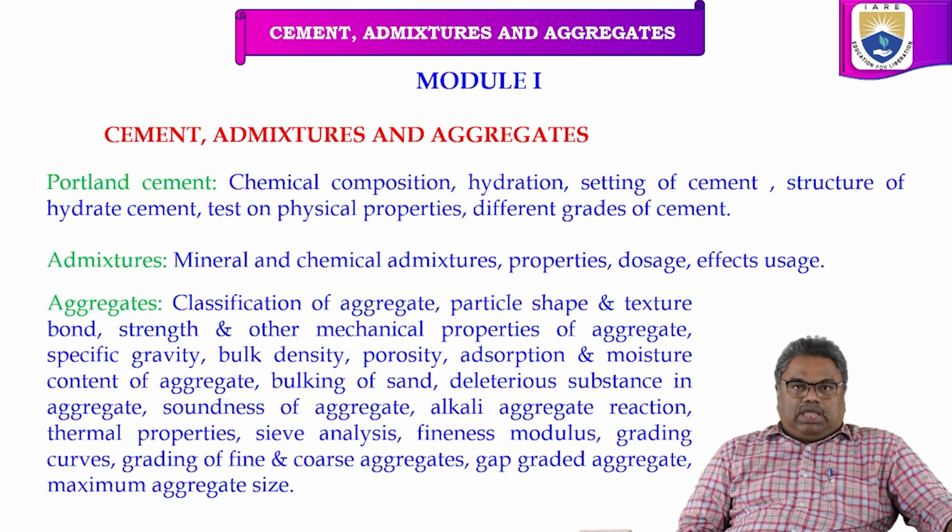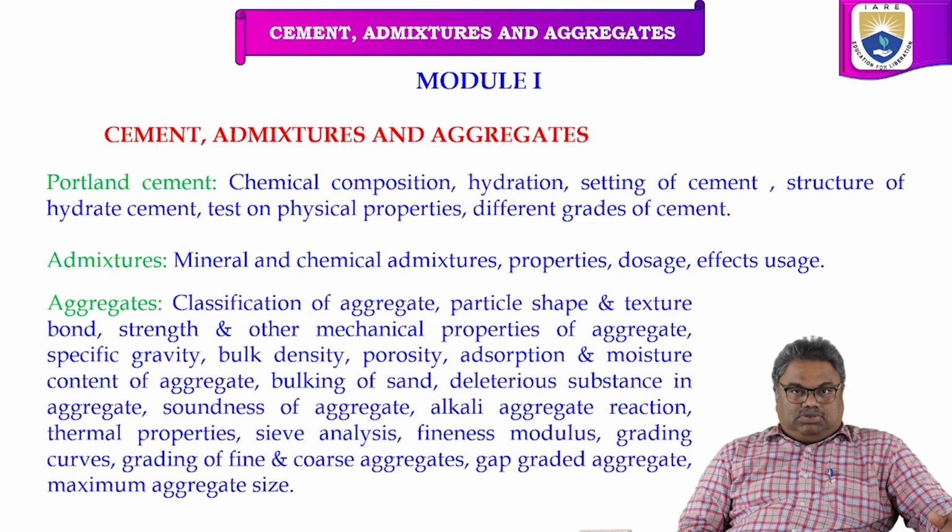And let's come to the aggregates. In the aggregates, we'll see the classification of the aggregates. We have two types of aggregates: fine aggregate and coarse aggregate. And particle shape. What is the particle shape, the texture and bond, strength and other mechanical properties of the aggregate?